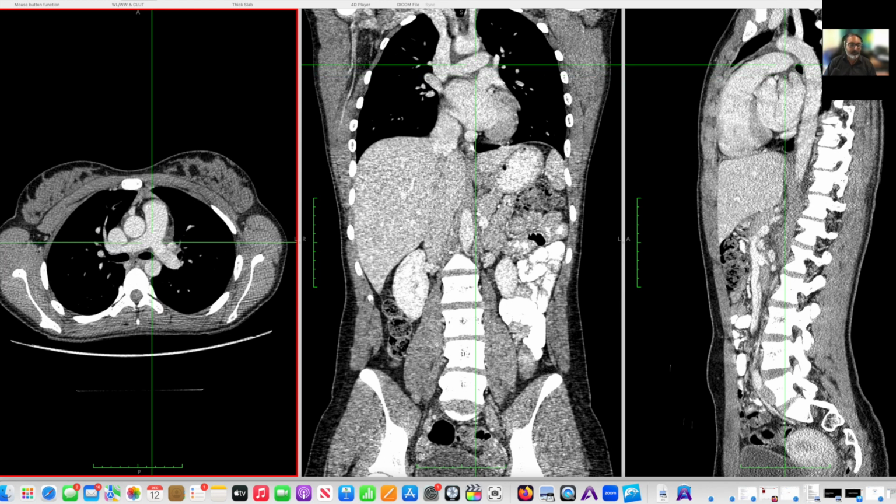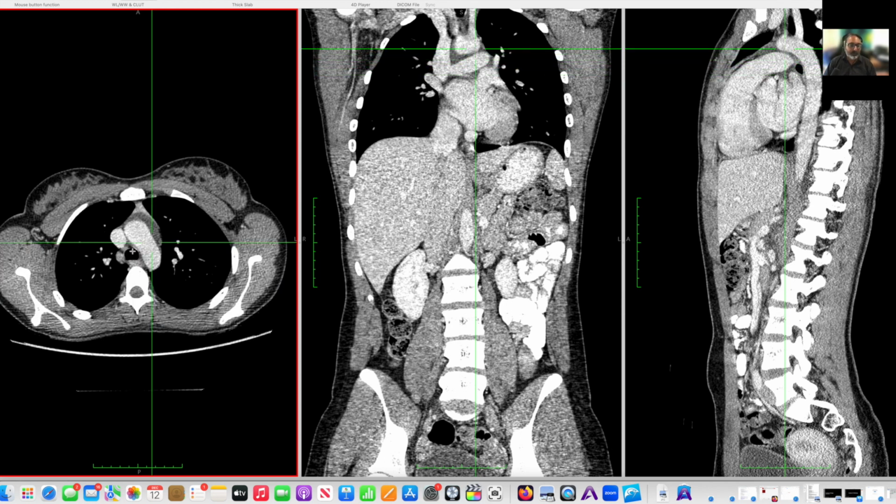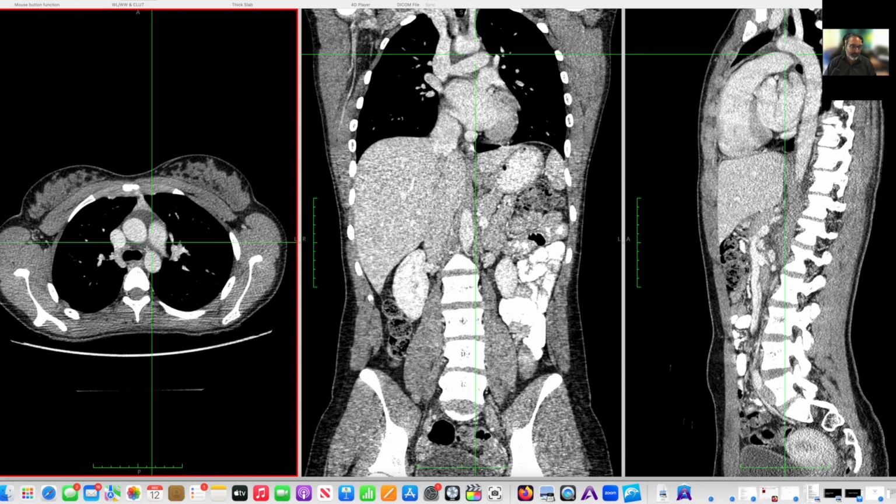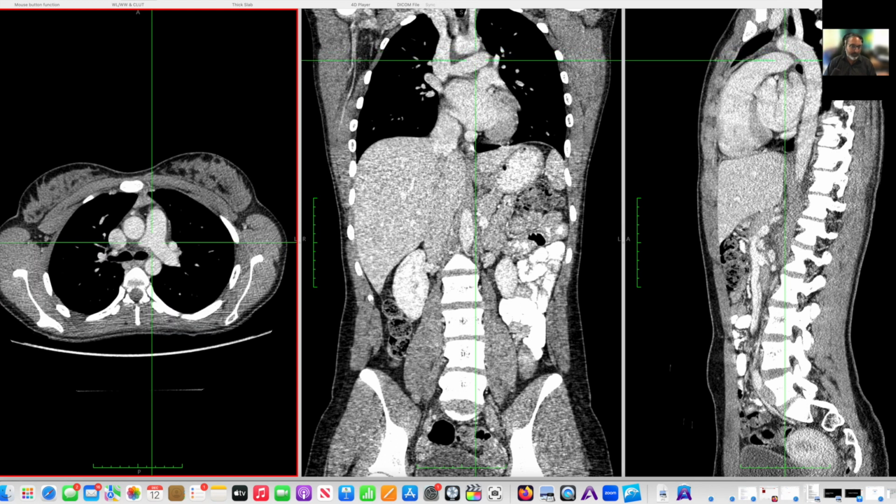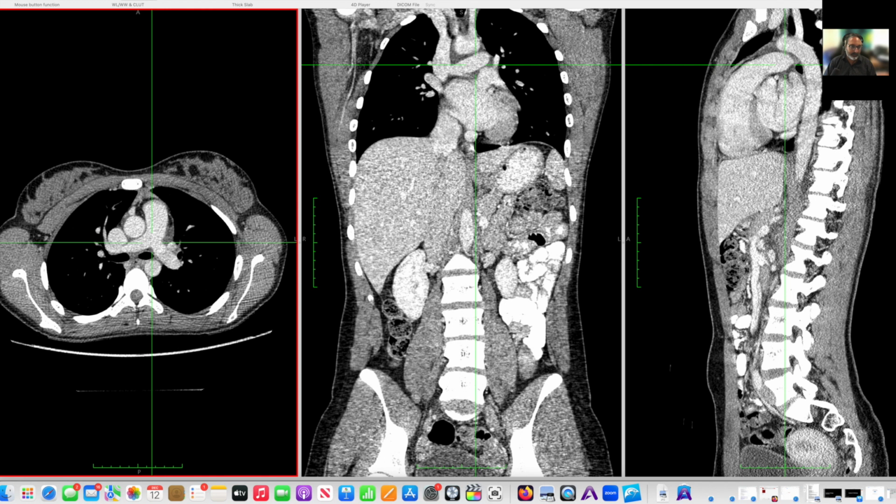The reason they call it the aortic pulmonary window is, if you look at it here, you see the arch of the aorta, and as I go inferior to the arch of the aorta, you see the pulmonary artery divide into right and left. So the aortic pulmonary window is the space between the pulmonary artery and the arch of the aorta.